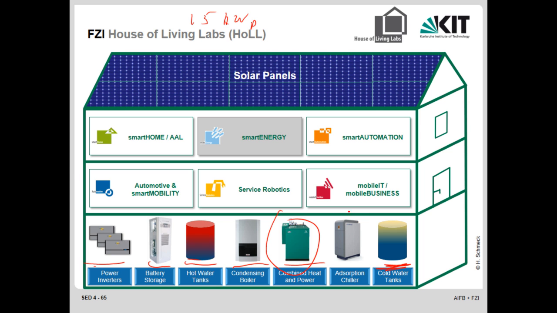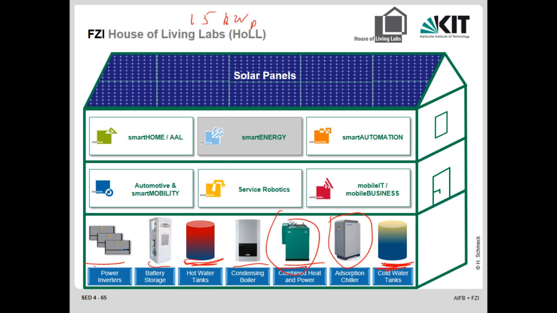And so we have an absorption chiller, which is actually transforming heat into cold water using the temperature differences. And so we can utilize the combined heat and power plant in winter and in summer. And in winter we need it for heating the building, and here in the summer for cooling the building.